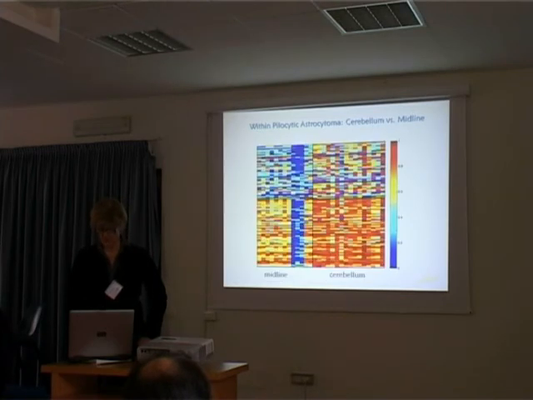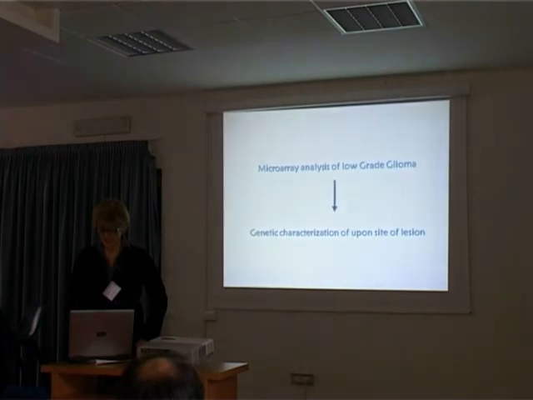And then, also in pilocytic astrocytoma, we identified other genes that were specific for cerebellum versus midline. This was the first group of tumors that we were able to study.